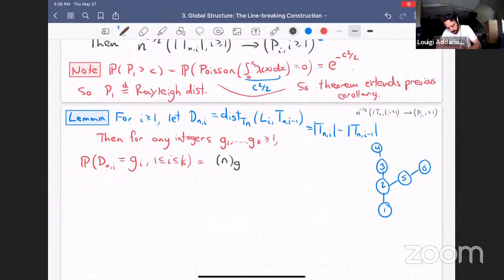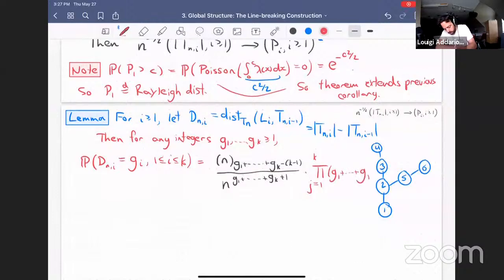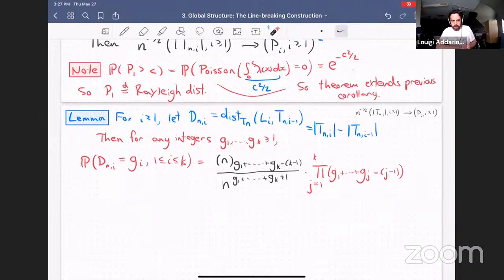It's n falling factorial g1 plus g2 up to gk minus k minus 1 over n to the g1 plus g2 up to gk plus 1, and then all that times the product for j from 1 to k of g1 plus gj minus j minus 1.